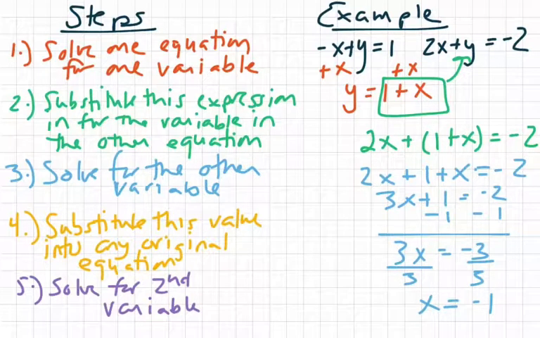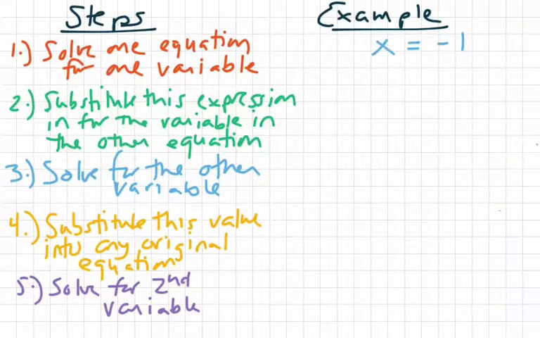So what I did was I copied the steps over onto the next slide and cleared out a little bit more space for us to work. Step 4 says substitute this value into any original equation. And so we've got x equals -1, and we're going to substitute that into either of the original equations.